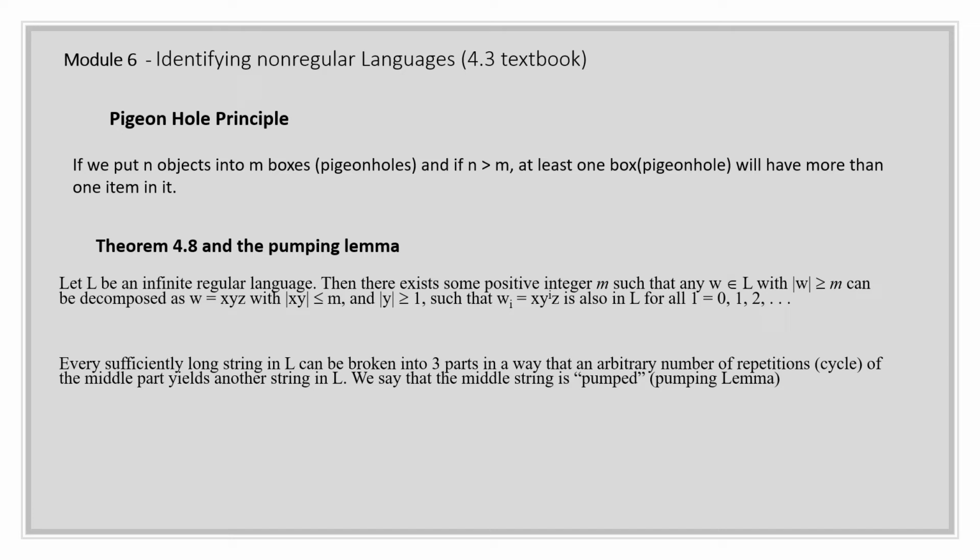The first thing we'll talk about is the pigeonhole principle. It says that if you have a bunch of boxes and more items than boxes, then at least one of your boxes is going to have more than one item in it. If you had 3 boxes and 4 items, you can't evenly distribute 4 items into 3 boxes; one of those boxes is going to have 2 items in it. The pumping lemma uses this.